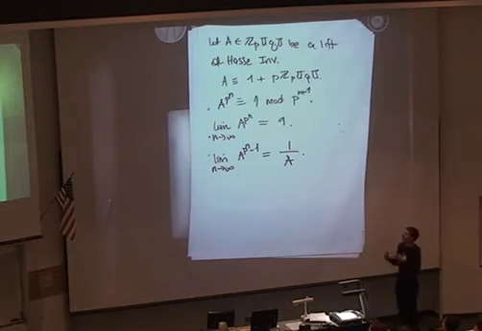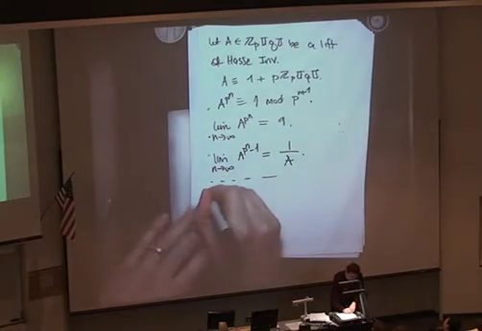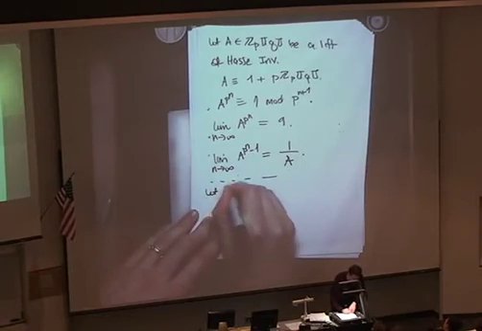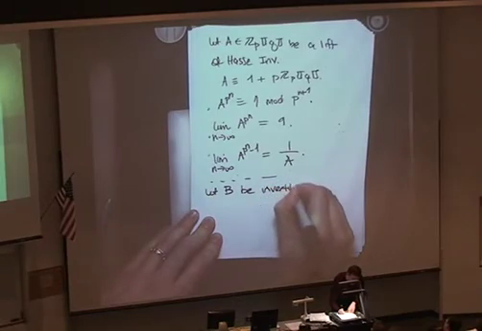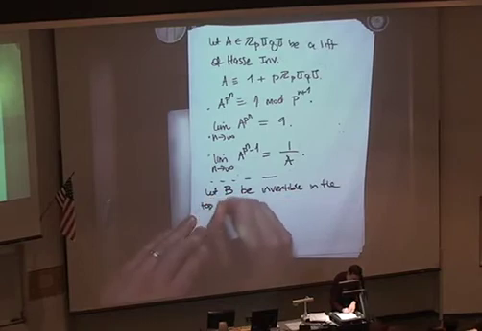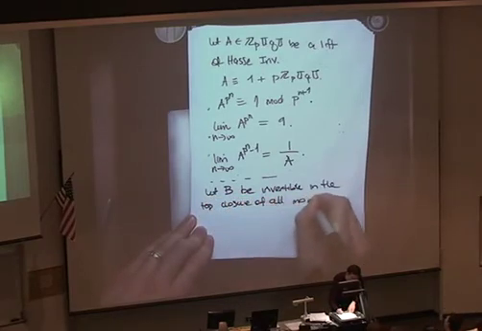But on the other hand, that's really the only thing we're inverting. Here's another way of thinking about it. Let B be invertible in the topological closure of all modular forms.